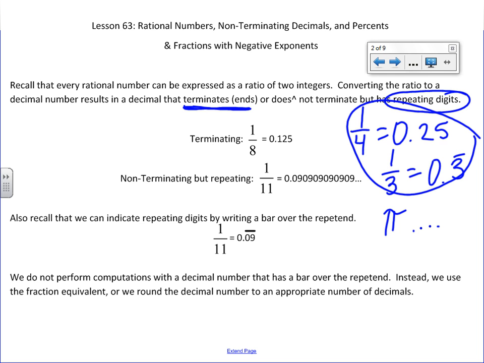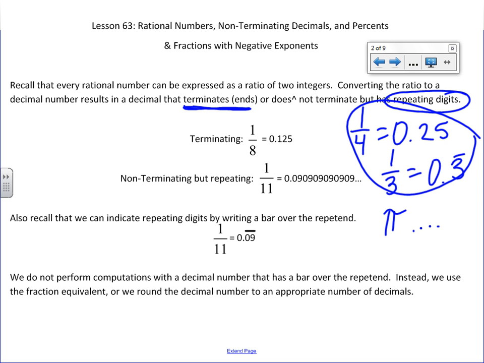So they gave us an example of 1/8 equals 0.125. That terminates. It ends at 0.125. Non-terminating but repeating, we have 1/11. If you punch into your calculator 1 divided by 11, you're going to get 0.09090909. It goes on and on.